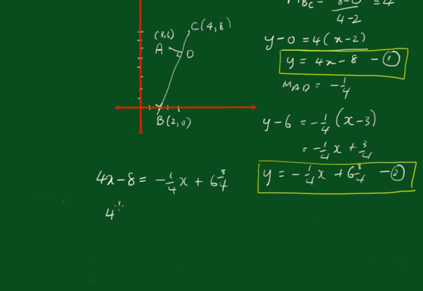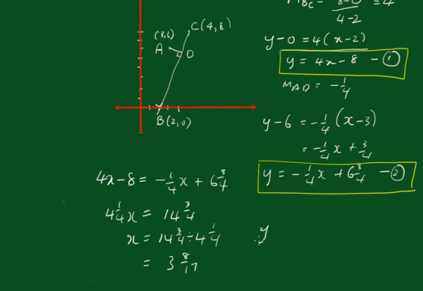So we get 4 1/4 x is equal to, taking the 8 across to the other side, 14 3/4. So x equals 14 3/4 divided by 4 1/4, which comes out on the calculator as 3 8/17.